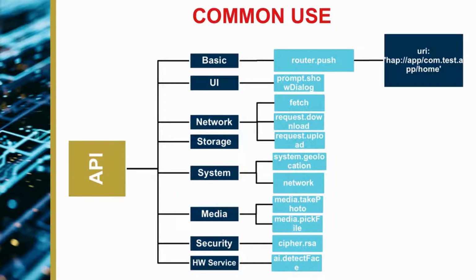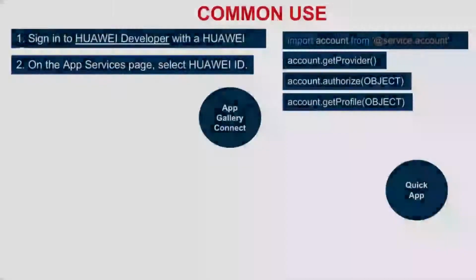You have your storage APIs, which allow you to store things onto your phone or access storage from the phone itself. System APIs are your network and geolocation, which allow you to check location or even network connectivity. Media will allow you to access pictures on your device. And then, of course, your security API will allow you to encrypt certain things like your chats between users and so forth.